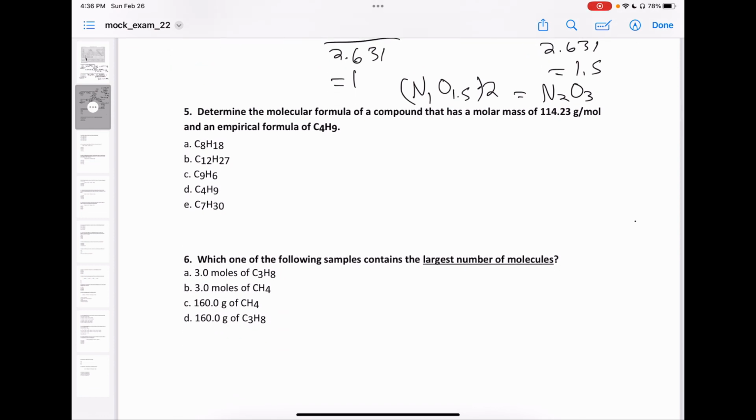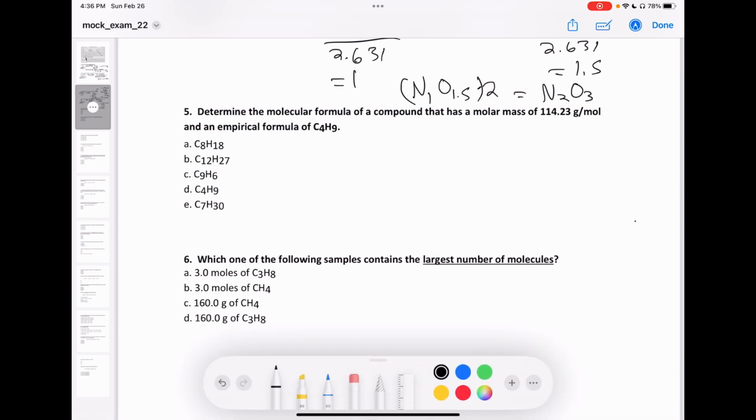Okay. Determine the molecular formula for a compound that has a molar mass of 114.23 grams per mole and an empirical formula of C4H9. So when we're finding the molecular formula, what we do is we ratio the molar mass of the actual compound over the molar mass of the empirical compound.